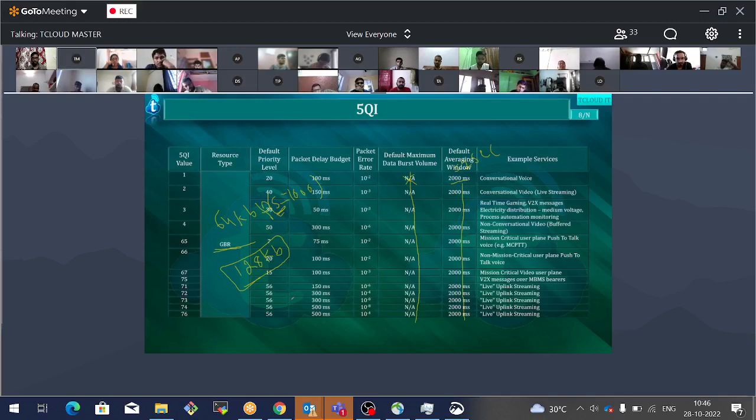That means it need not be continuously the same quality of service. A little variation here and there is allowed. But overall, every 2 seconds, you must meet your promised bitrate. If you send 128 kb of data in 2 seconds, indirectly you are sending 64 kb per second, which becomes 64 kilobits per second.